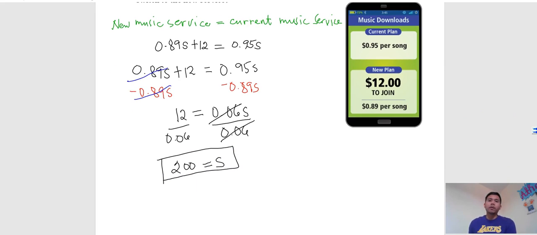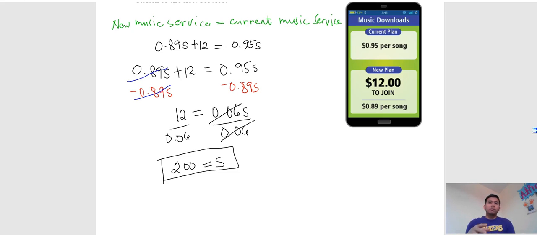Now we are going to compare. The cost of the two options will be the same at 200 songs. If Cameron plans to purchase more than 200 songs, he should switch to the new service because it will cost less than his current service. So if you analyze this problem, the first thing we do is solve for how many songs will make the two services the same.